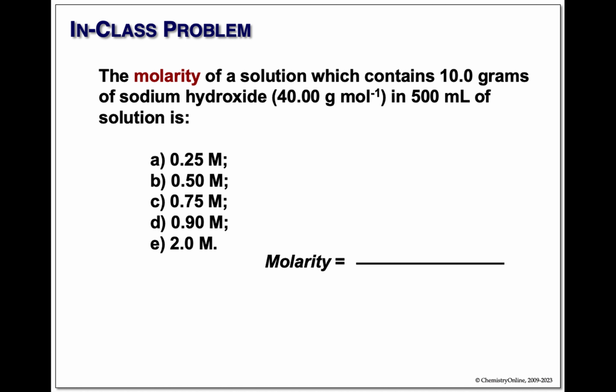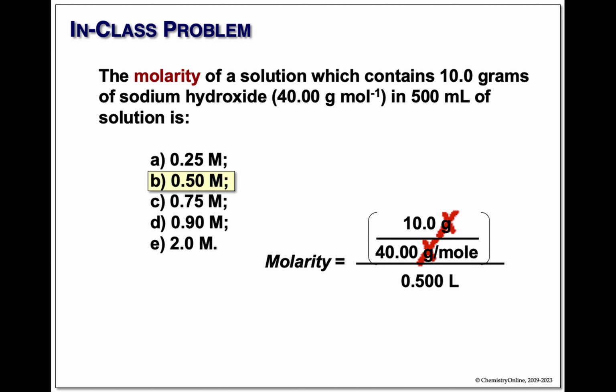Molarity is going to be moles of sodium hydroxide over 0.5 liters, since 500 mils is 0.5 liters. How do we get moles of sodium hydroxide? 10 grams divided by 40 grams per mole. 10 divided by 40 divided by 0.5 gives what? It's about 0.5 molar. It's a nice simple question for the exam.